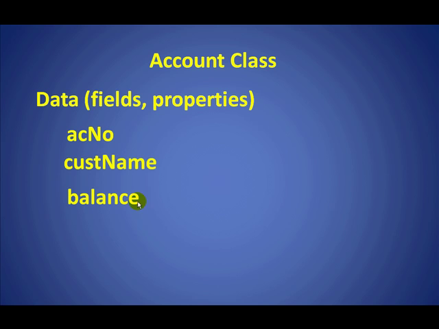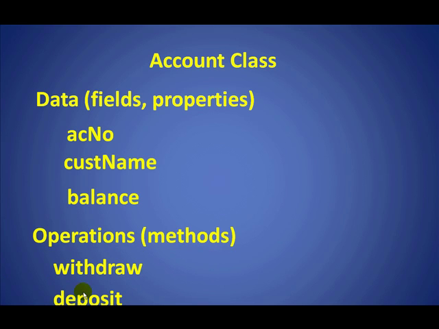All of them are called properties or fields, and when we implement them, we also call them instance variables. Now for the operations with the account, we can think of two main operations: withdraw and deposit. The operations and the data together in the class introduce the concept of encapsulation.